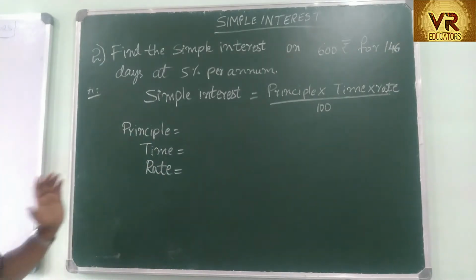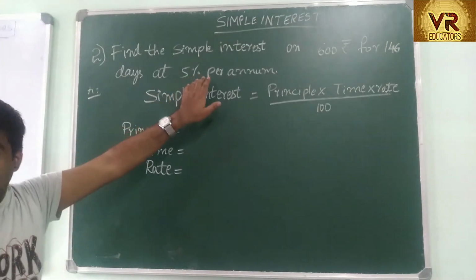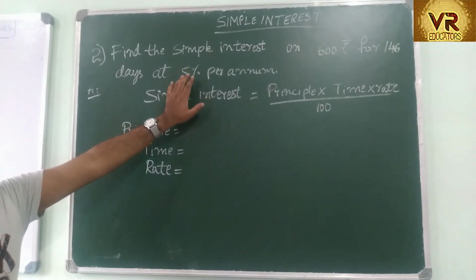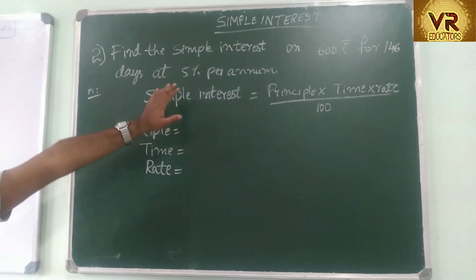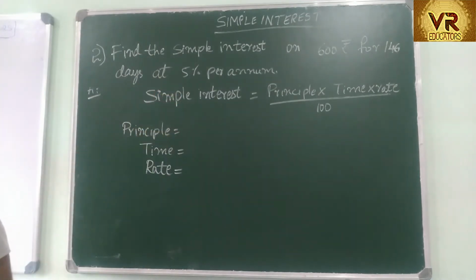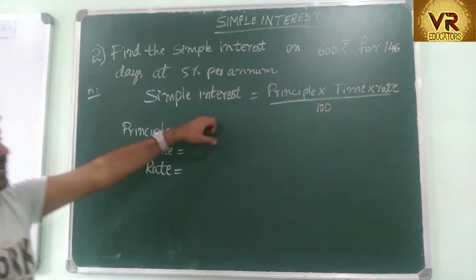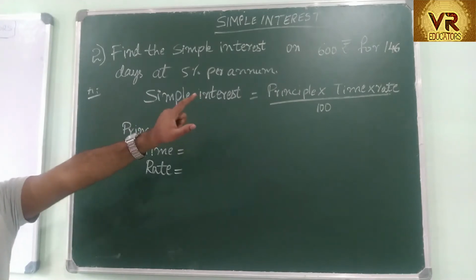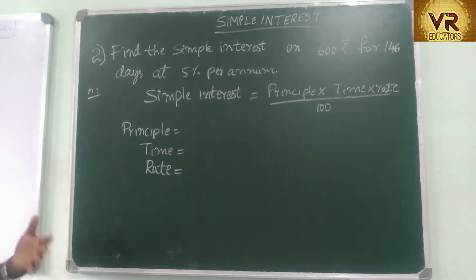As I told you, always time should be in terms of years, because rate is set per year, per annum. Here the time is 146 days, so we have to convert that to years.